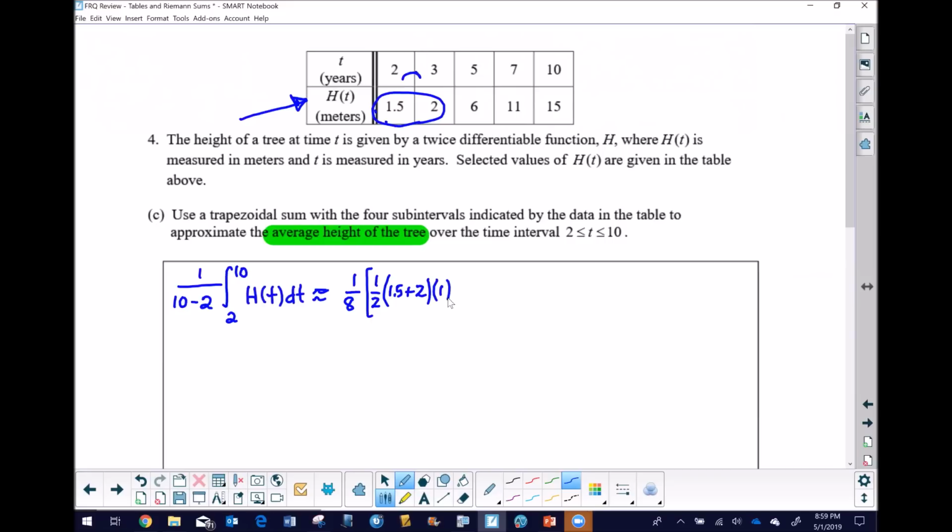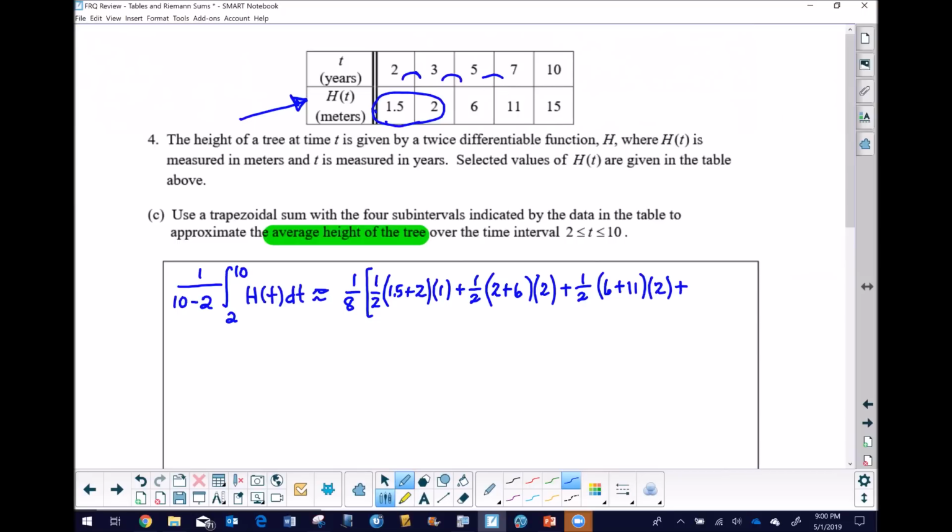And you're just going to keep up that same routine. About this time, I look and say, gosh darn it, I could have factored that 1/2 out in front because we keep using it over and over again, but that's okay. You only have to write it 4 times. Luckily, we see that we have a varying width, so having factored that out would not have worked. The height here is 2.